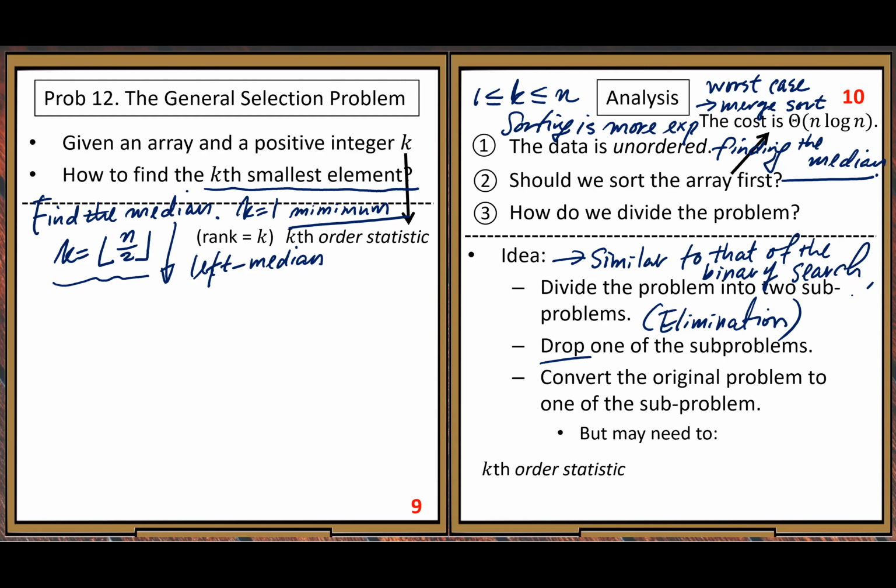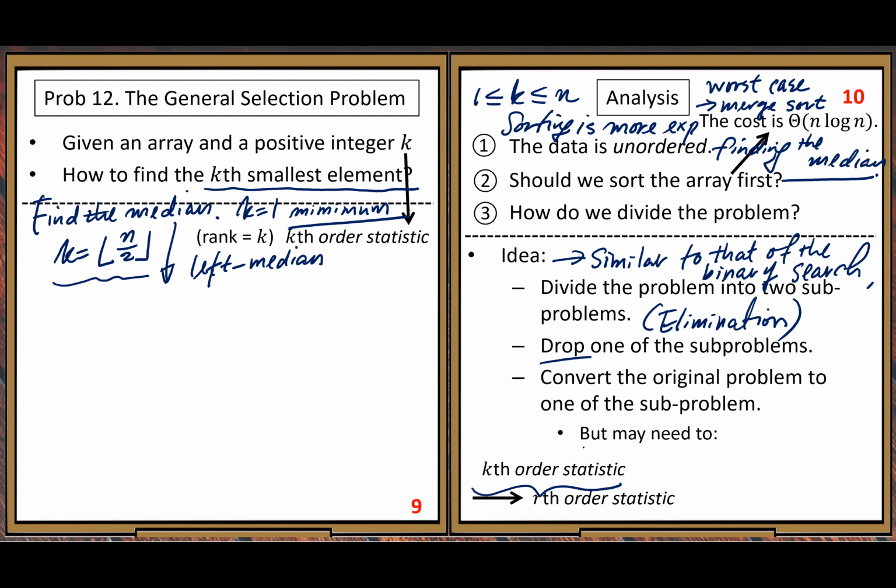But we may need to do some analysis on the kth order statistic, because when we drop a subproblem, this kth order statistic could change. That part is some details we need to fix.